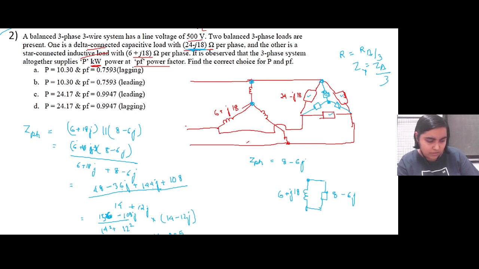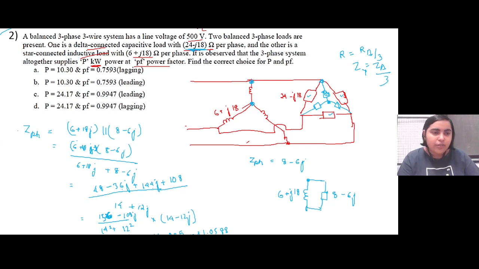So this comes out to be minus j into 1.0588, something like this. You can calculate it and check whether this comes out.